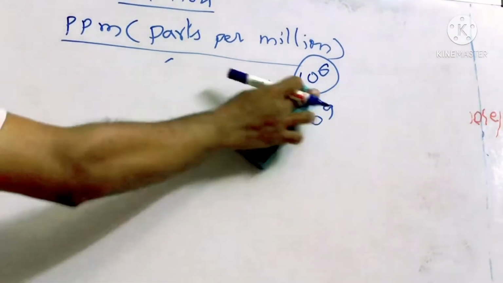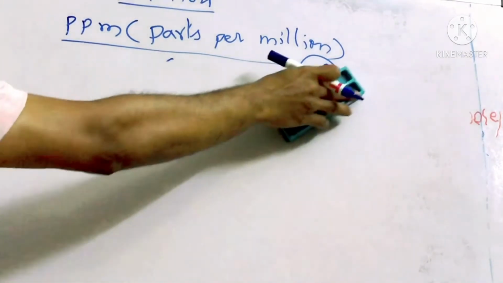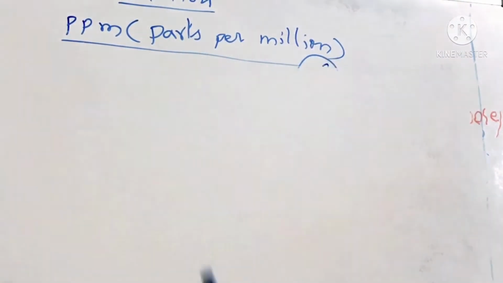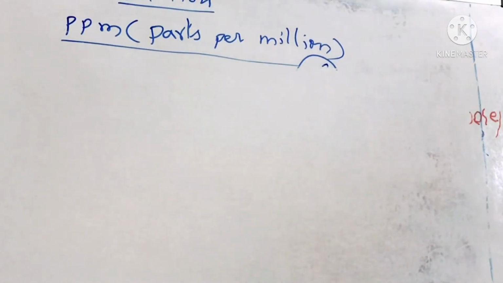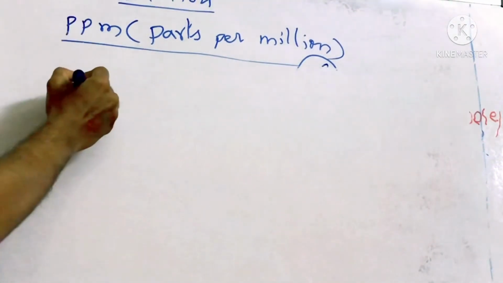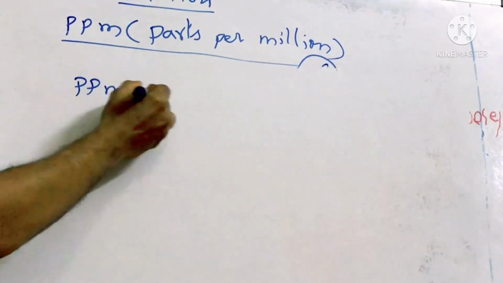Now, this is general, for 10 power 6 parts if you take 1 part. But if you take a general quantity, not 10 power 6, then how do we define ppm, parts per million?